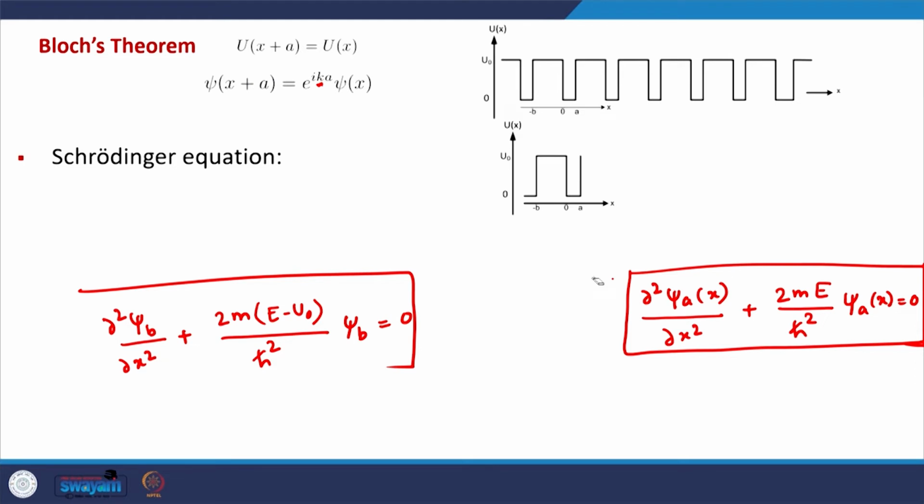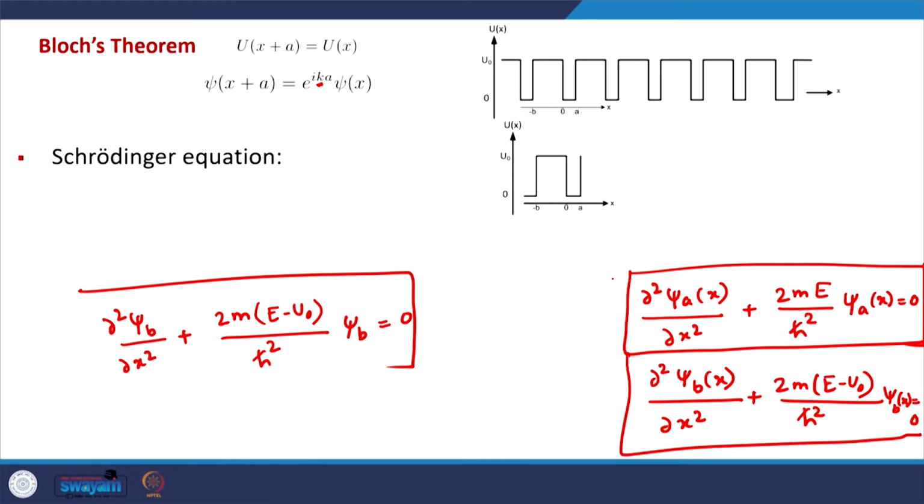So, putting them together, the Schrodinger equation for regime B would be del 2 psi B(x) by del x2 plus 2m (E minus u naught) divided by h bar square psi B(x) equals 0. Okay. So, this is regime A and this is regime B.